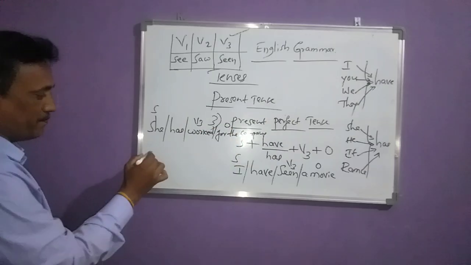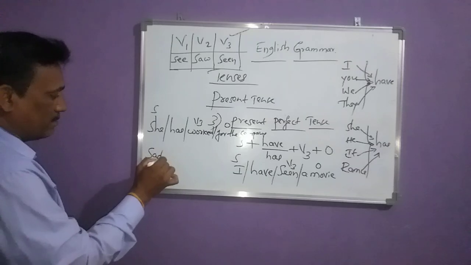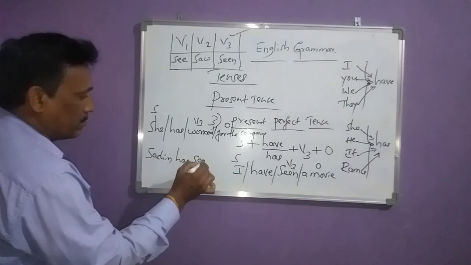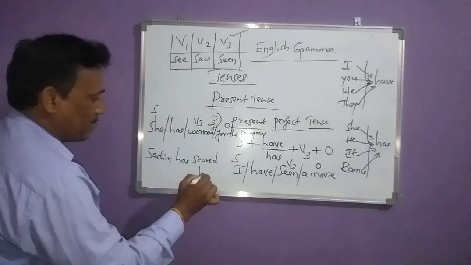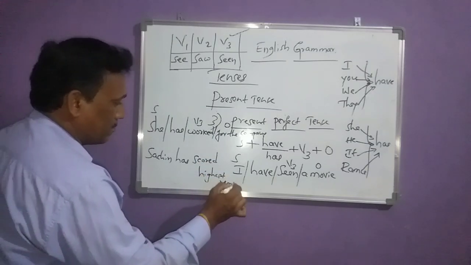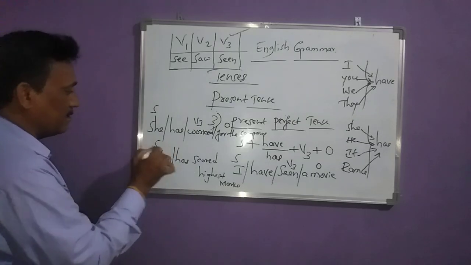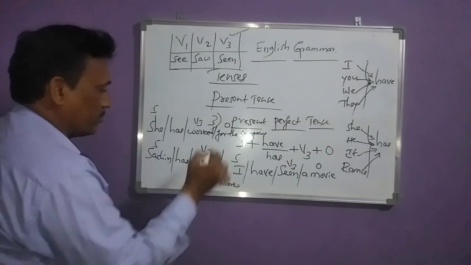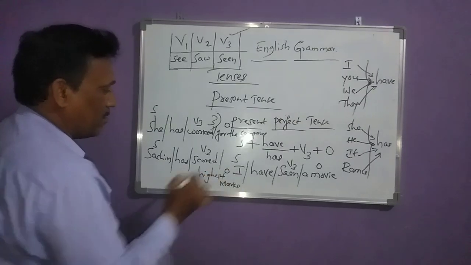For example, with any name, Sachin has scored highest marks. Sachin is the subject, has scored is the V3, highest marks is the object.